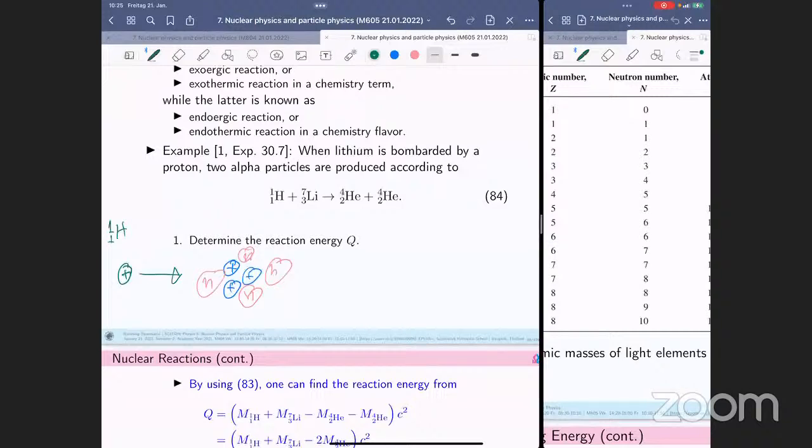The process appears to be like, you get 2 protons and you get 2 neutrons, and 2 protons here.